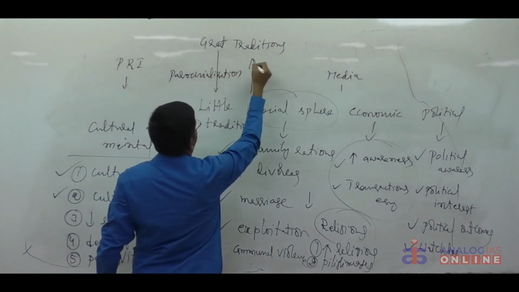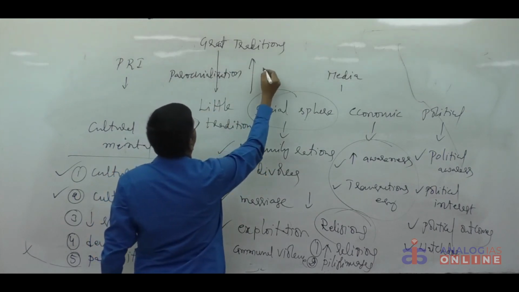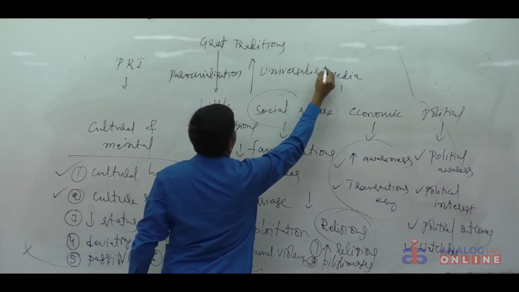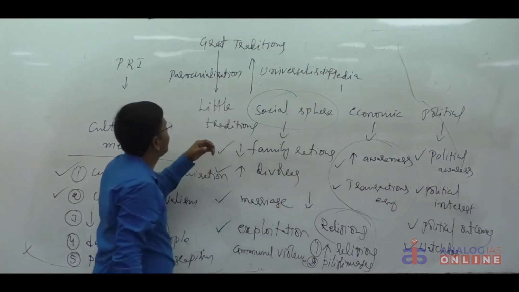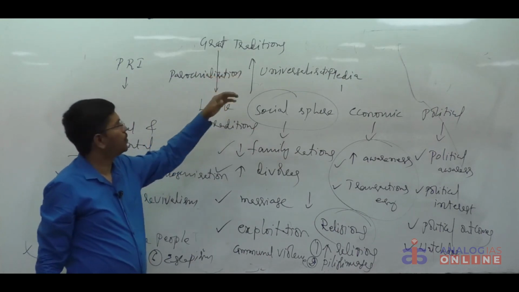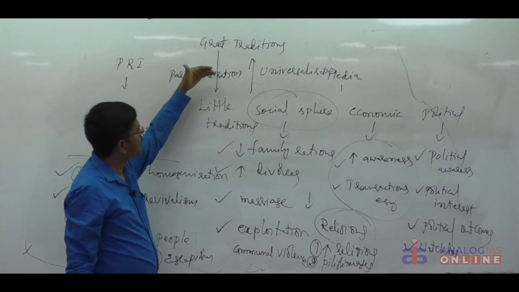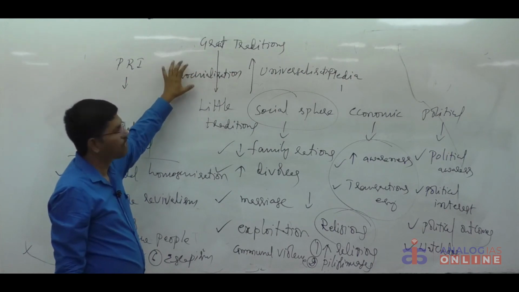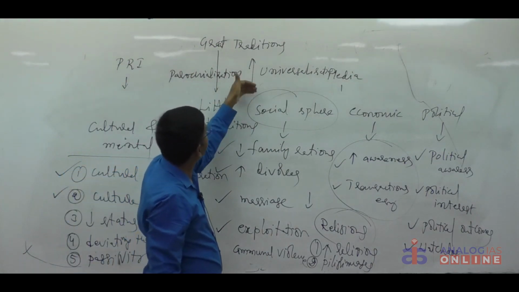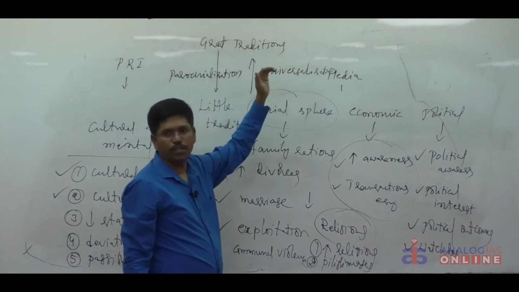The reverse movement of traditions is called universalization. In the examination you have to write like this: downward movement is called devolution, upward movement is called evolution. Devolution of great traditions into little traditions is called parochialization. Evolution of little traditions into great traditions is called universalization.